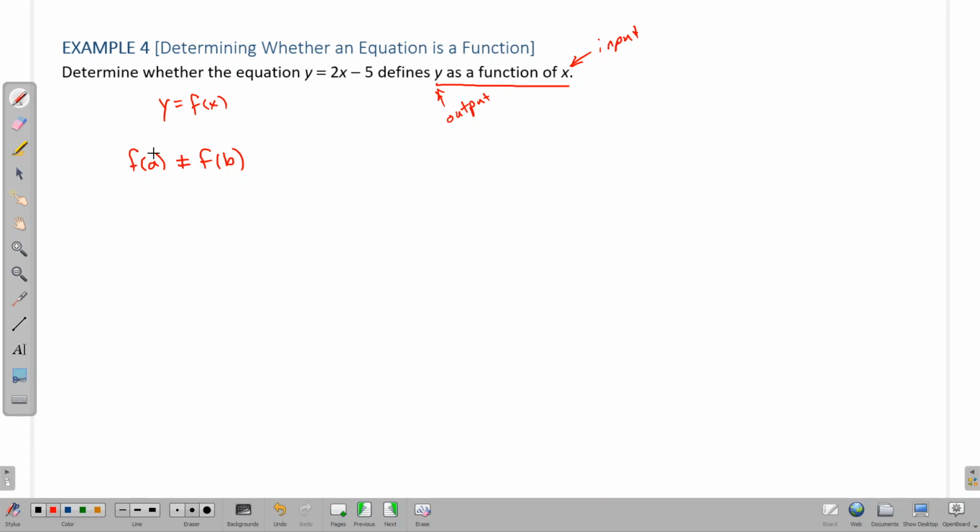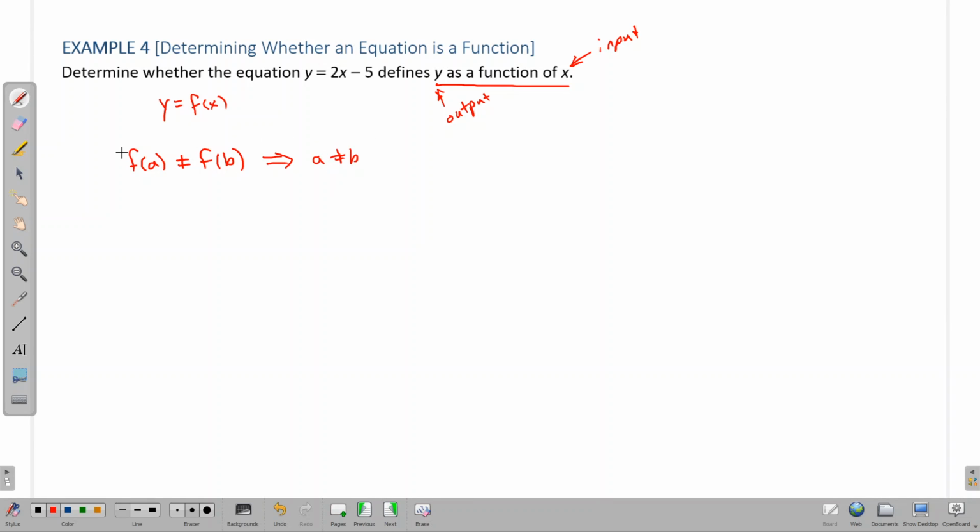If you plug in a, this is the output value. If you plug in b, this is the output value. So one way to define a function is to say if f(a) is different from f(b), if you have 2 different output values, the only way that can happen is if you have 2 different input values, meaning a and b would have to be different values. Because otherwise, if a and b were the same, this would say they get mapped to 2 different outputs, and that can't happen when it's a function.